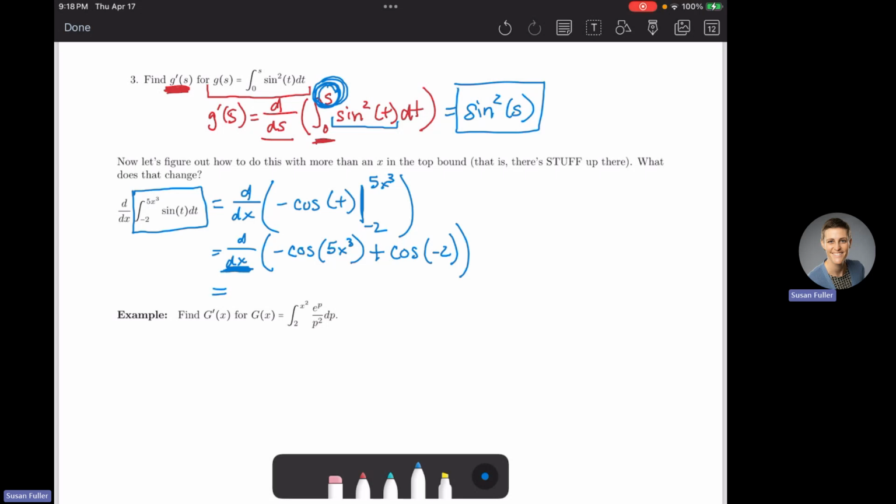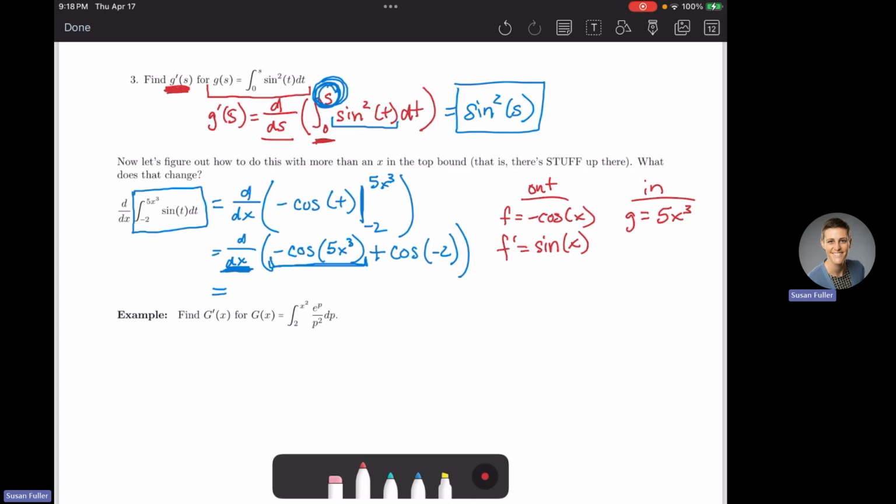Okay, so we're going to take the derivative of negative cosine of 5x to the third. How do we take the derivative of negative cosine of 5x to the third? Yeah, that's a chain rule. So you're going to have to do your outside function and your inside function. My outside function is negative cosine of x. My inside function is 5x to the third. The derivative of my outside, the derivative of negative cosine of x is negative sine, which is going to be a positive sine of x.